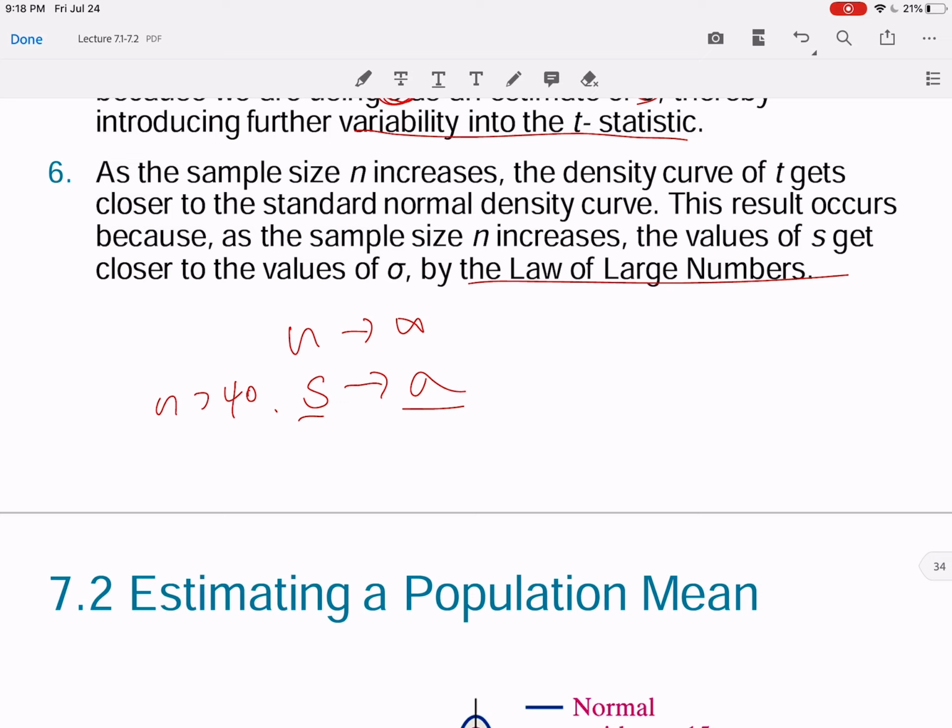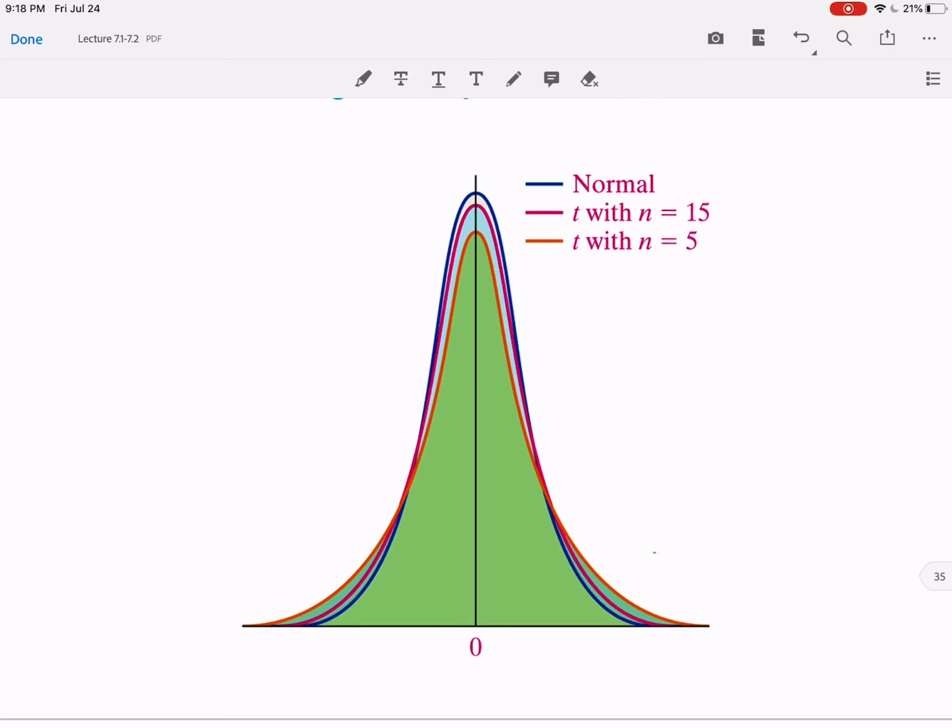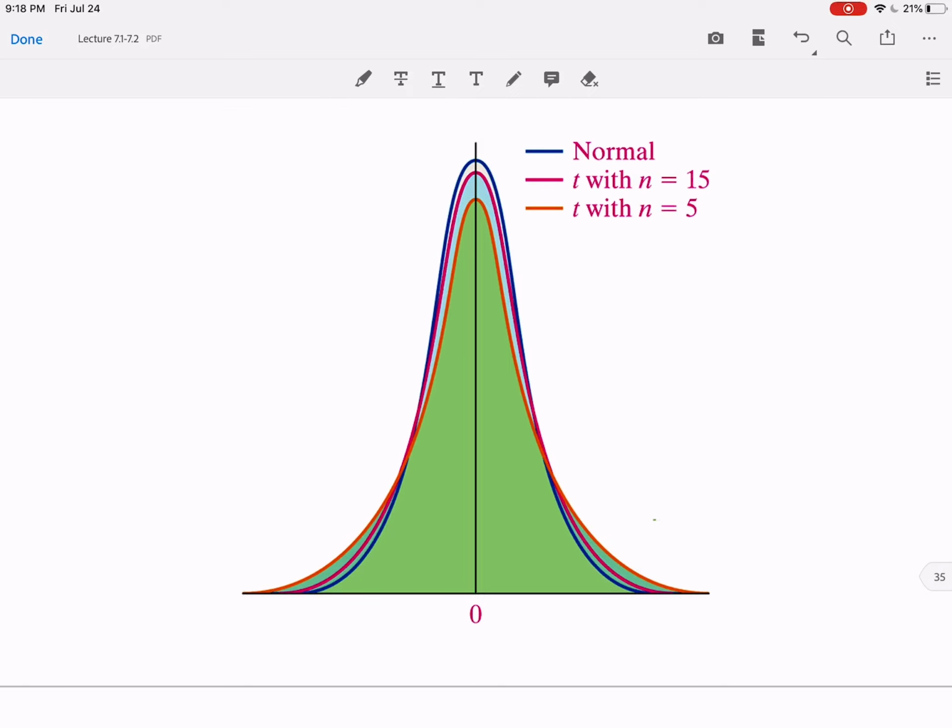So if n is greater than 40, we use Z. If n is less than or equal to 40, we use T. Now let's take a look at this graph over here. This is the relationship between T and Z. The very top blue one is for Z, the normal distribution, and the bottom two are for T. The very bottom one is for n equal to 5.